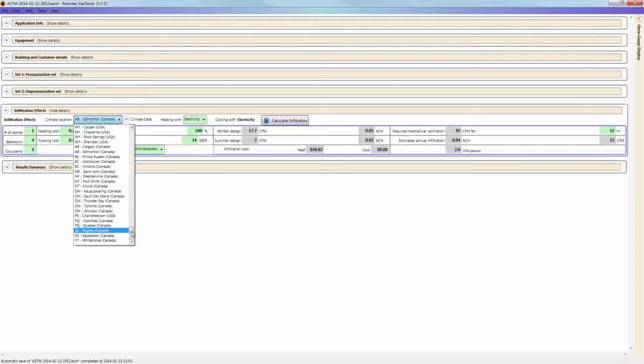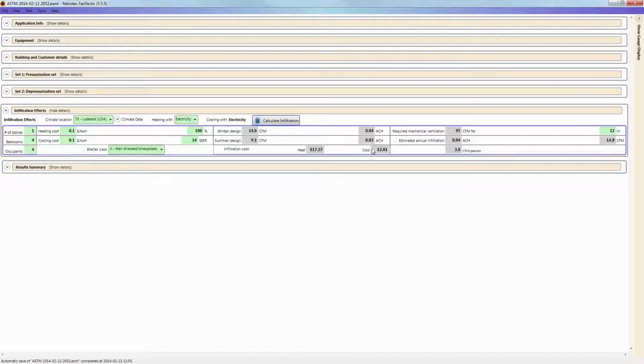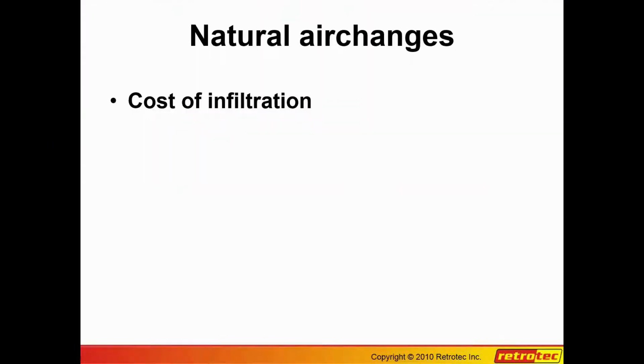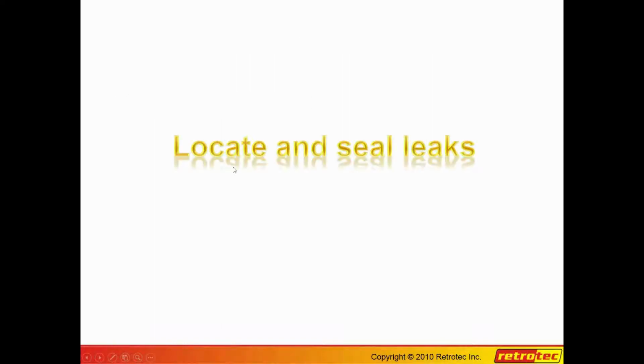You know, if we were to go to, say, a different place, Lubbock, Texas, a little bit on the cooling side, so between the two on the heating side, so you can have fun with that. Okay, so that's the infiltration analysis.